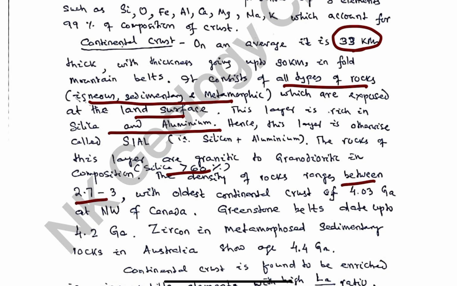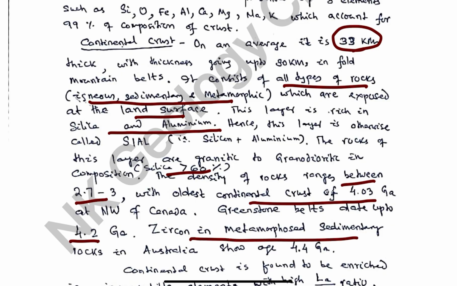with density 2.7 to 3, and the oldest continental rocks are of 4.03 billion years age. Or it can go up to 4.2 billion years, as is found in greenstone belts.